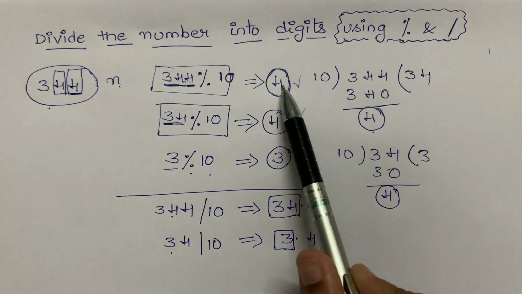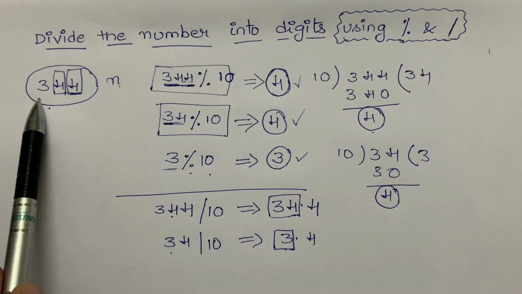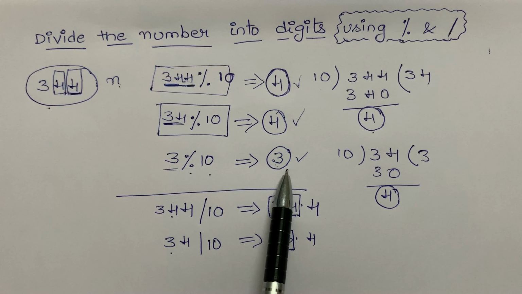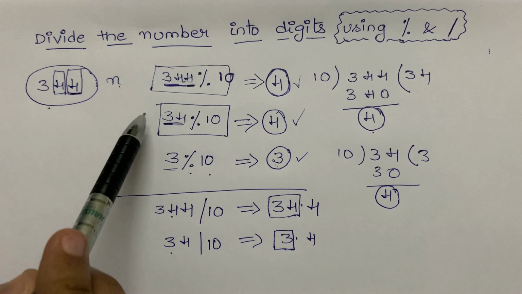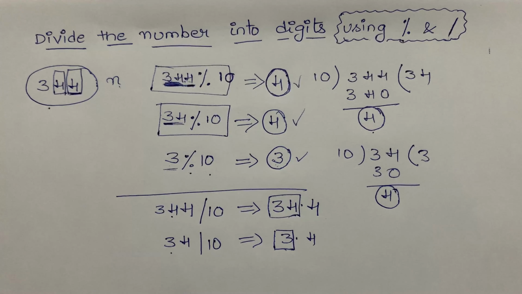Modulus gives us the remainder, and the remainder will be the equivalent digit of the given number. And division is used to get the remaining digits from the given number.